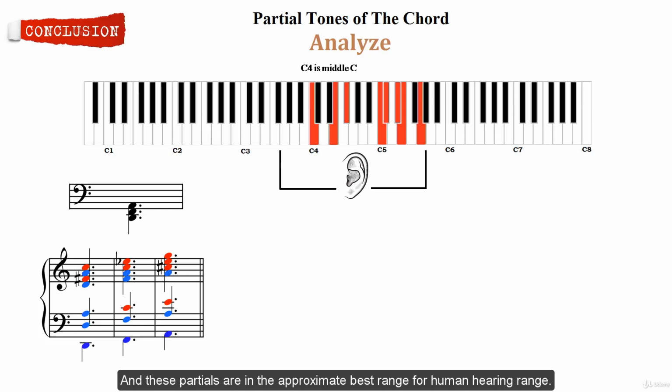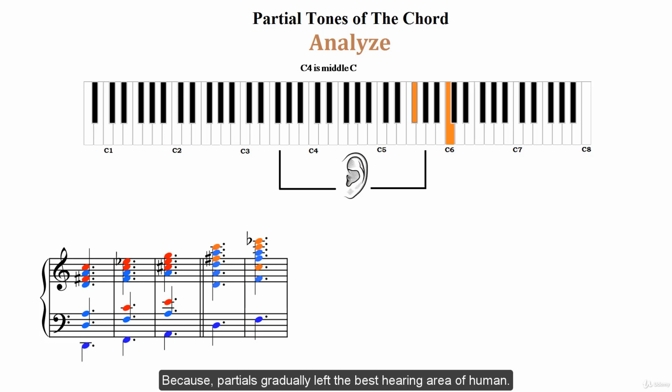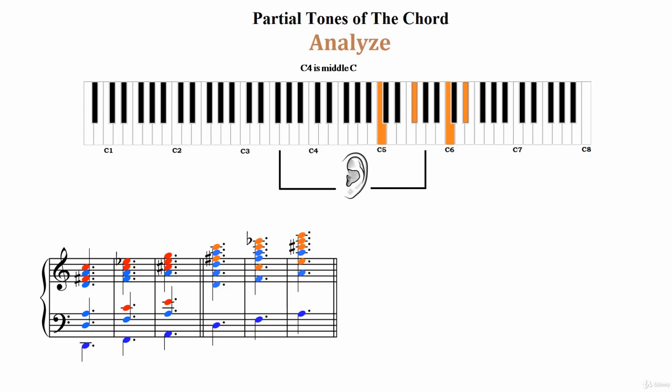Let's move to the next chord and have a look at what happens. If we play a D minor chord between low and medium range, partials are less noticeable, because partials gradually leave the best hearing area of humans.